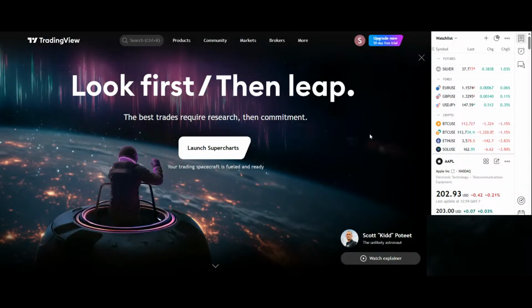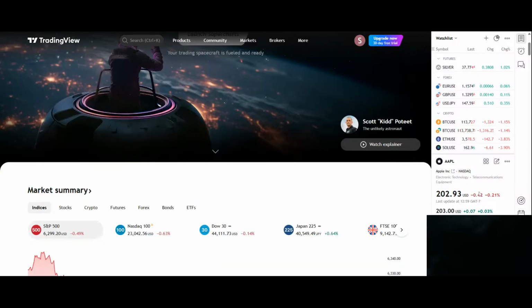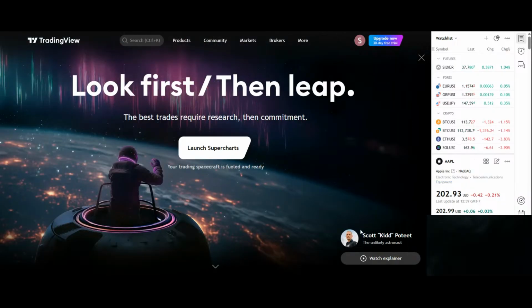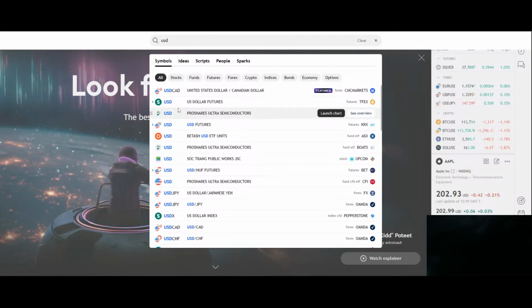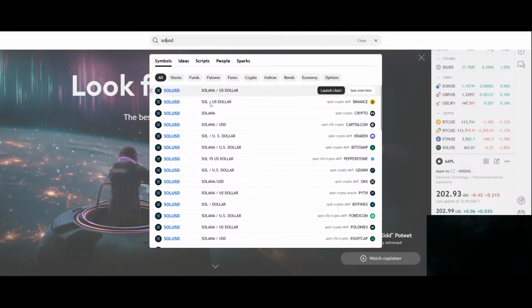Go to symbol. Much easier once you're all set up. Search. Sol USD. Home. Sol USD on spot crypto. We want to launch chart.